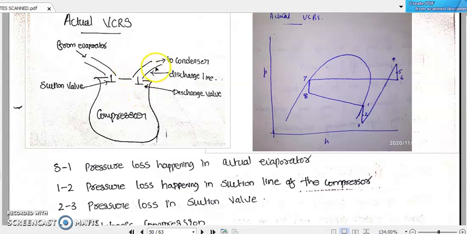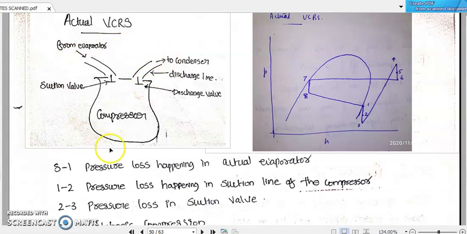Then the next step will be discharging the refrigerant from the compressor towards the condenser. Again there will be a piping circuit connecting the compressor to the condenser, and definitely another pressure loss will be happening when the refrigerant is passing through this piping circuit.